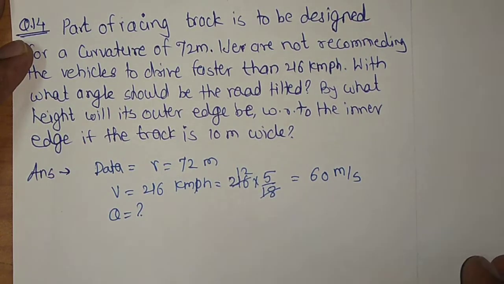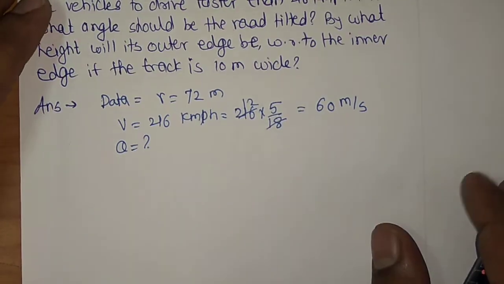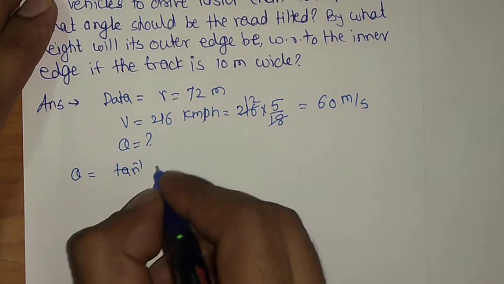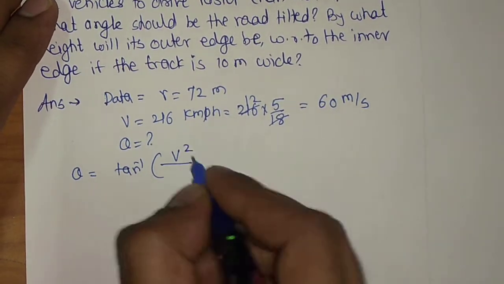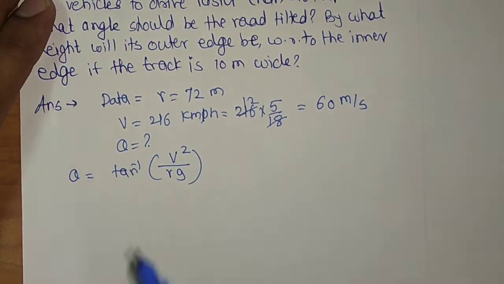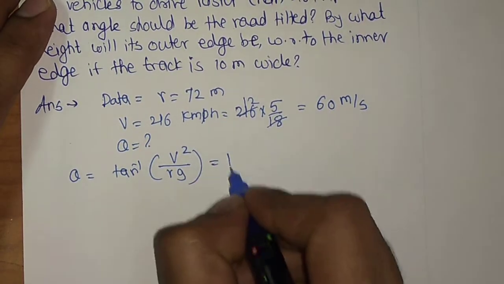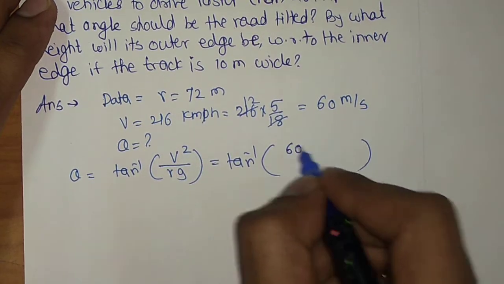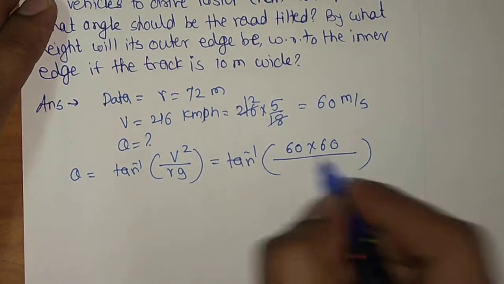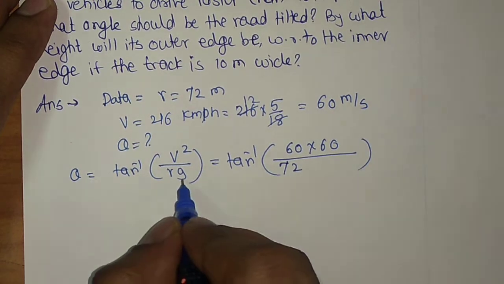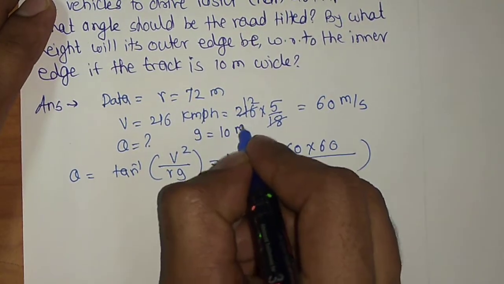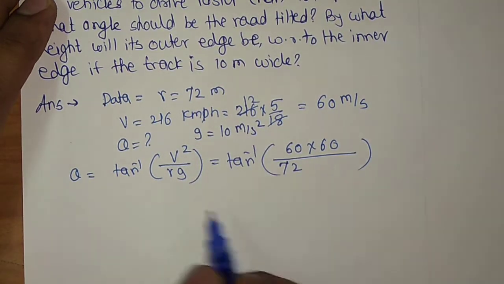Now I am going to use a very simple formula, and that is theta equals tan inverse of V square by Rg. That's it. One formula is sufficient. So tan inverse of, we will write the value of V square, that is 60 into 60, divided by R, which is 72. For simplicity, we will consider g equals 10 meter per second square, that is gravitational acceleration.